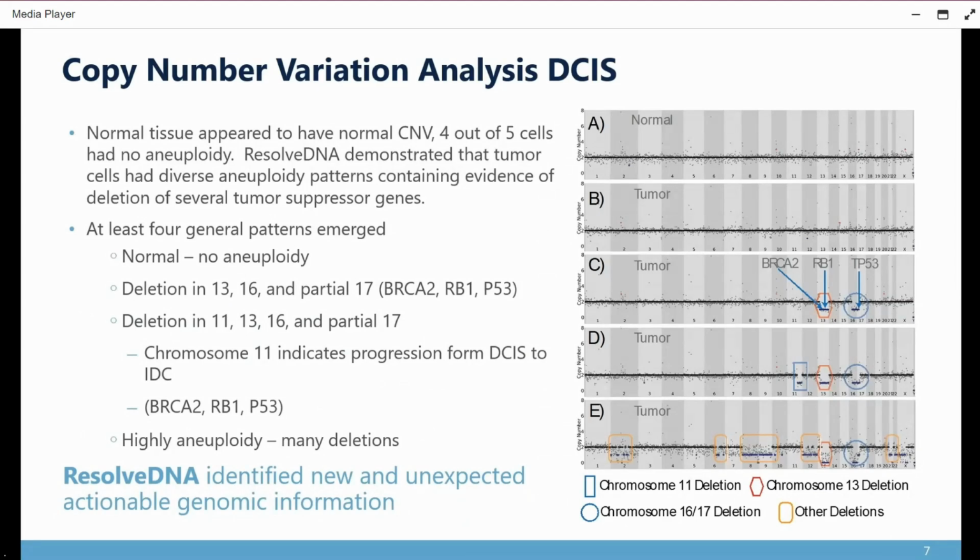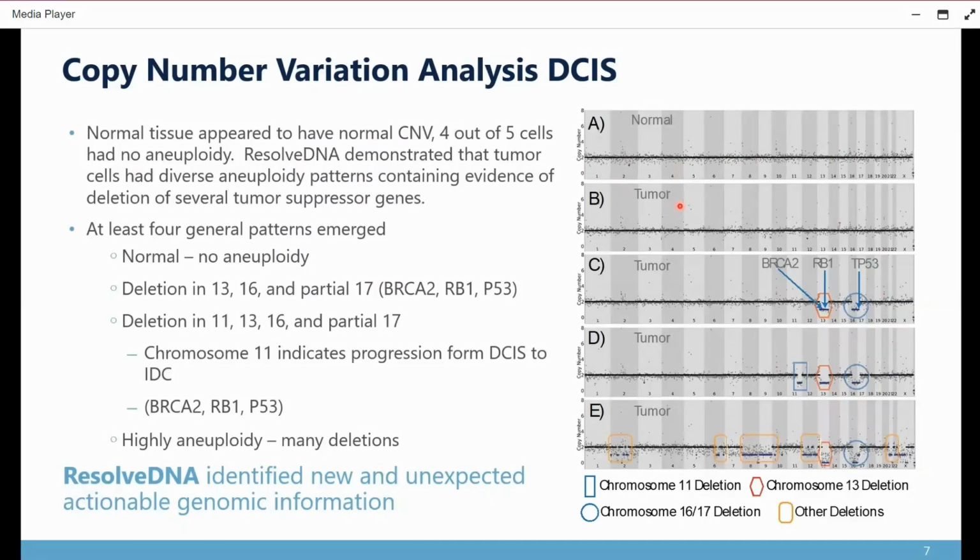Looking at the copy number variation plots on the right-hand side of the slide, you can see that with normal, we have a normal CNV plot with no aneuploidy. The chromosome structure was found to be intact.